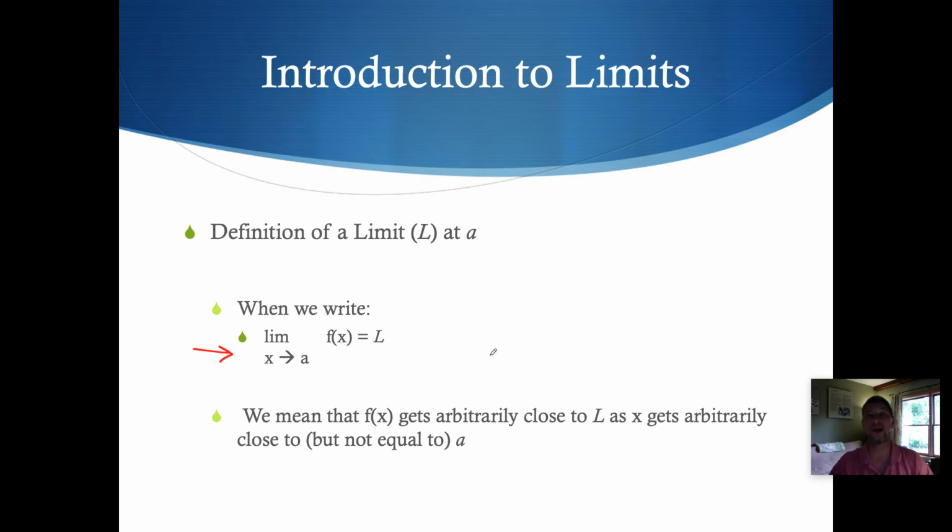That's what it means to calculate a limit. As x gets closer and closer to A, by the way, from both the positive and the negative side, f of x gets closer and closer and closer to L, the limit. Okay, so that's where we come at that from. So what exactly does that mean?